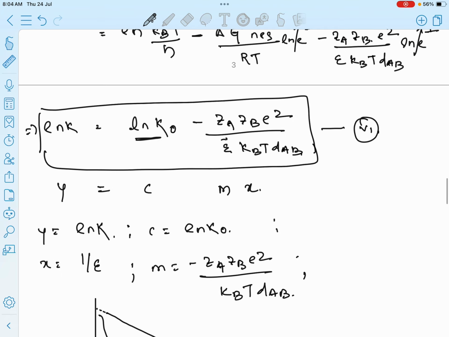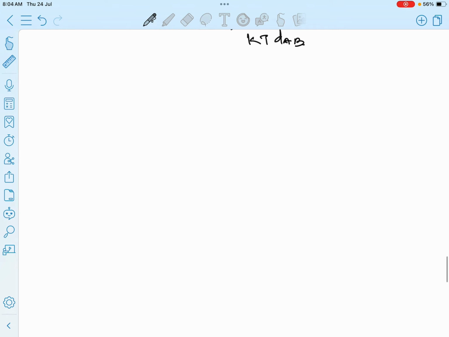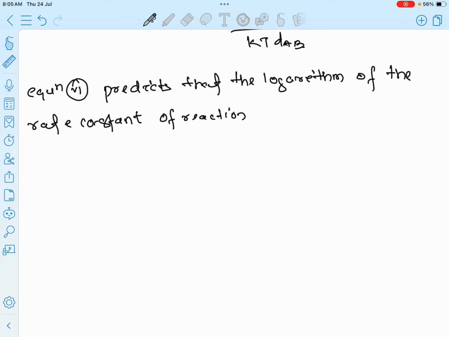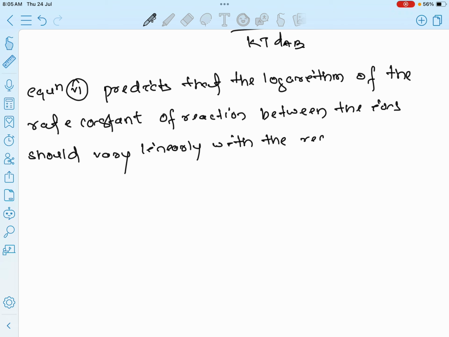From equation number 6, we can write that equation 6 predicts that the logarithm of the rate constant, that is ln k, the rate constant of reaction between the ions, should vary linearly with the reciprocal of the dielectric constant.